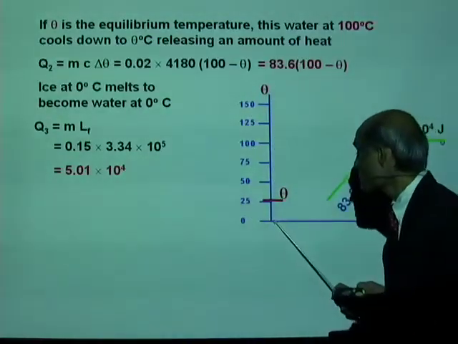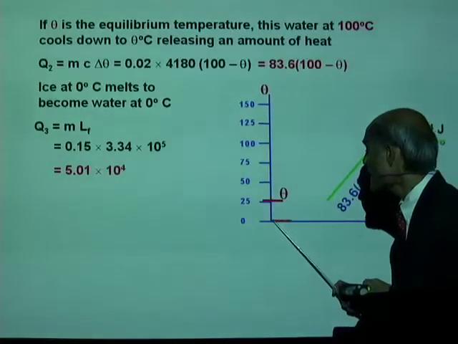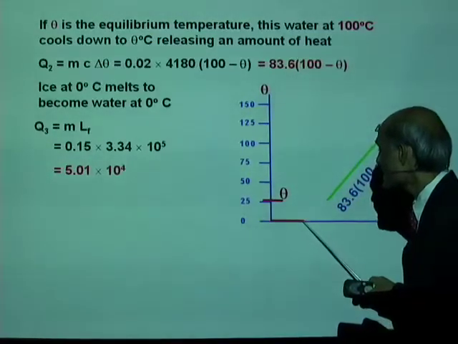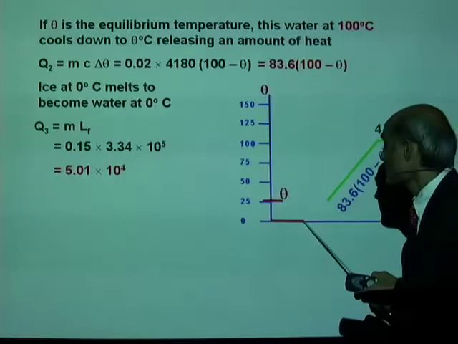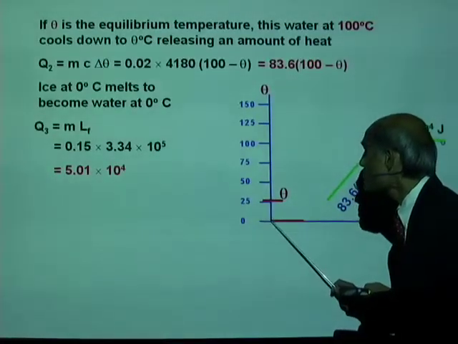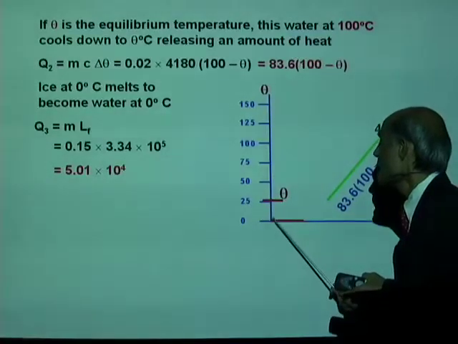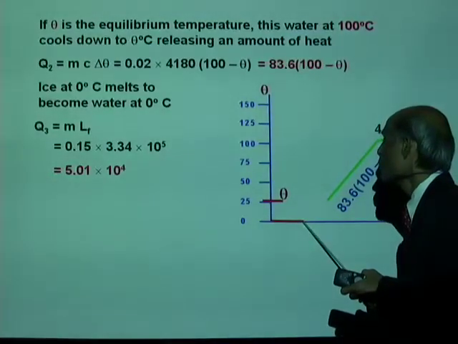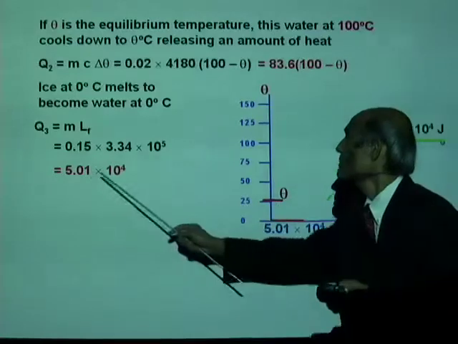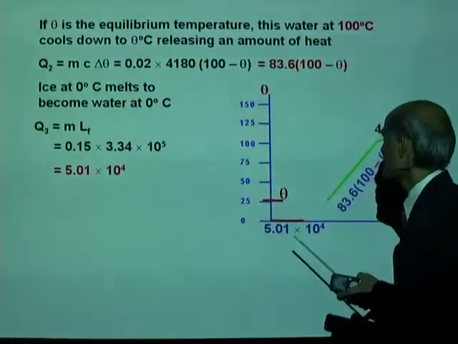Now, that will be represented over here. All the ice at 0 degrees has now become water at 0 degrees. Ice has changed to water by absorbing this much amount of heat.